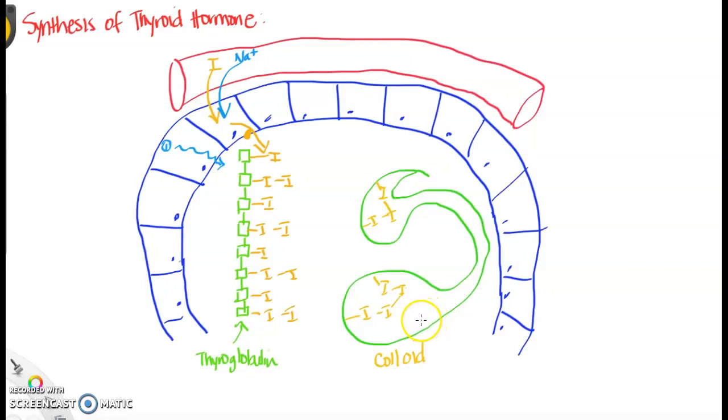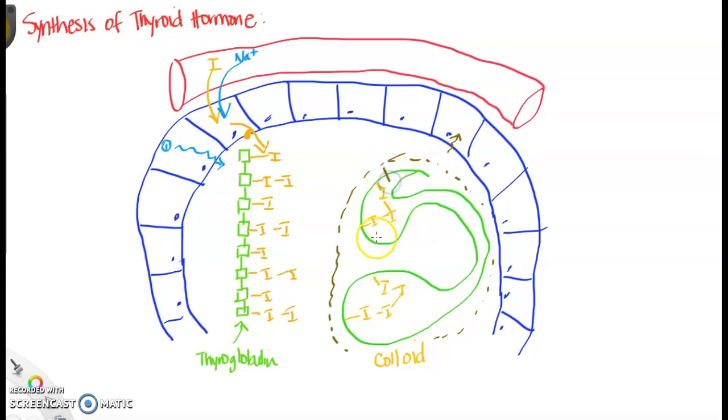So when it's time to secrete T4 and T3 into the bloodstream, this whole thing of thyroglobulin with its linked up iodines is endocytosed into a follicle cell, and it's chopped.